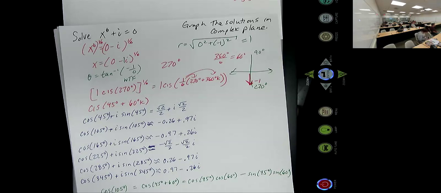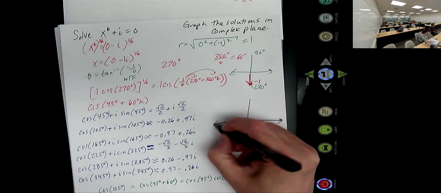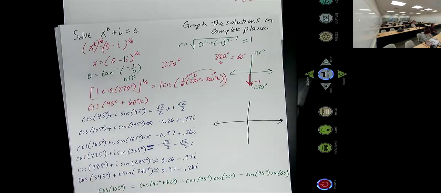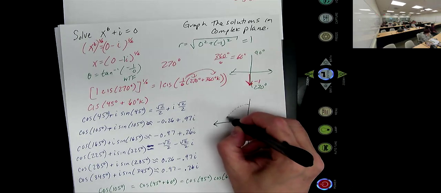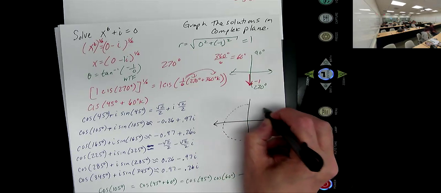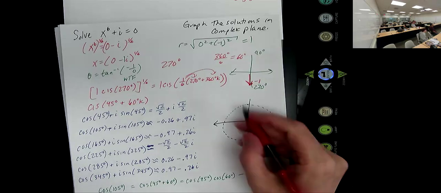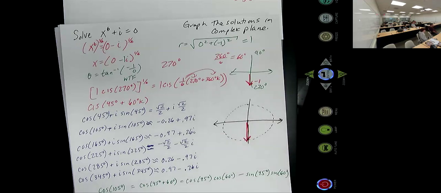Now, the easiest way to graph this. We saw that we're going every 60 degrees from where we started. I'm going to make a unit circle, rather than actually doing the vector part, because they're all decimals, that's rough. We started off with one here. The 270 degrees was our first angle.